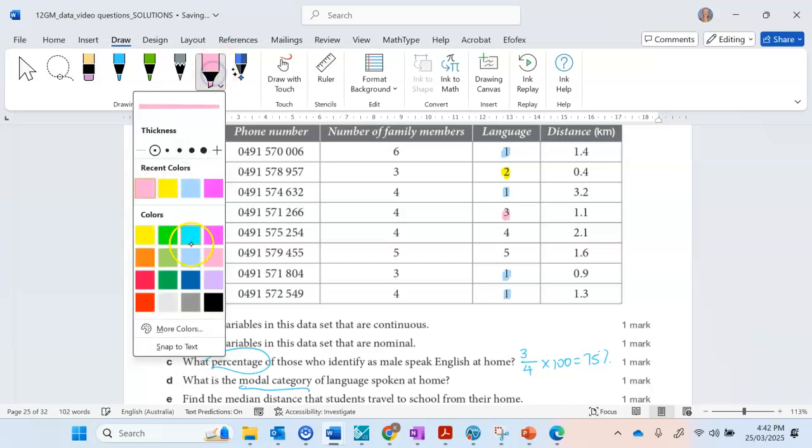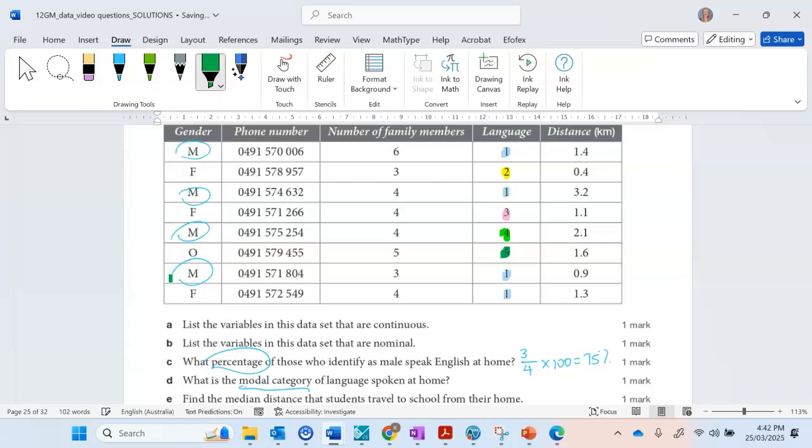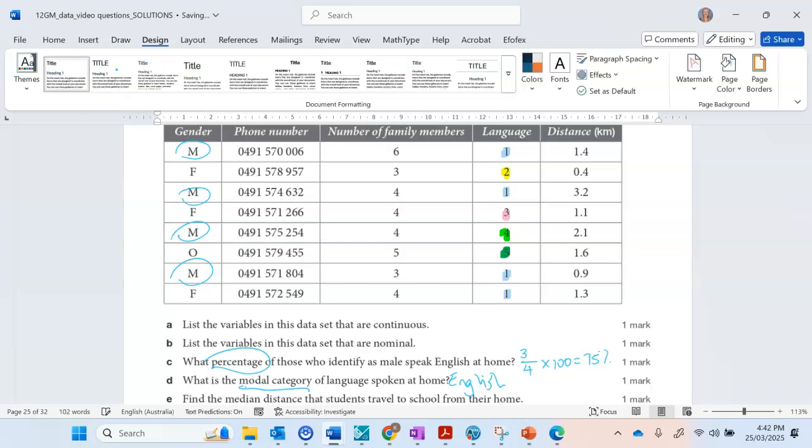Okay, so we can clearly see it's going to be English. Don't really need to keep highlighting them, but we can. Okay, so English is the modal category. So we shouldn't say 1 because 1 represents English.